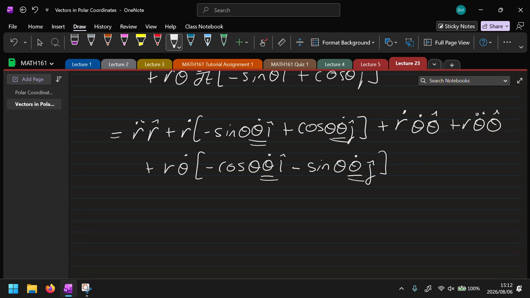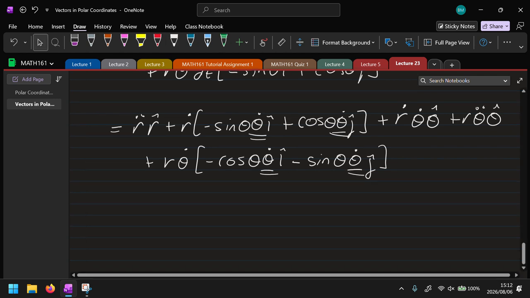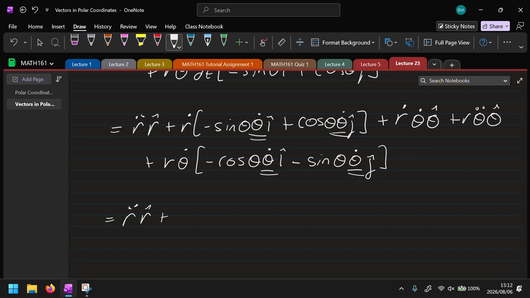And here, we can factor that out as well. Okay, so that's going to be r dot theta dot. And what's left over? Minus sine theta and the plus cos theta. Yeah. Then the other two, we're not doing anything with that yet.